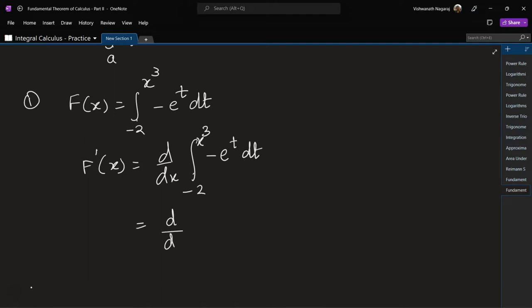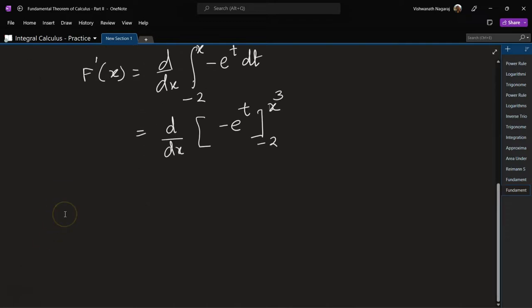Now let's take care of it one by one. Let's take care of the integral first. Definite integral. This would be, the integral is minus e to the power of t itself in the interval minus 2 to x cube. Okay, now let's do the necessary substitutions.